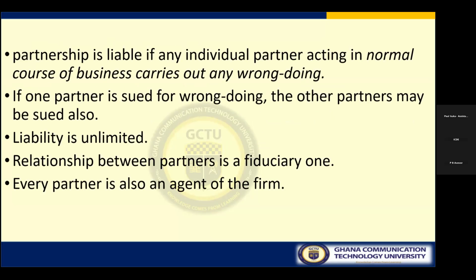Acting in a normal course of business, if one partner is sued for wrongdoing, the other partners may also be sued. Reason being that maybe the one partner that is sued might not be financially sound to pay off the liability.